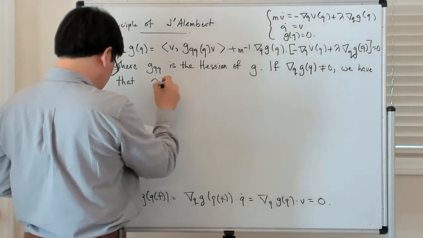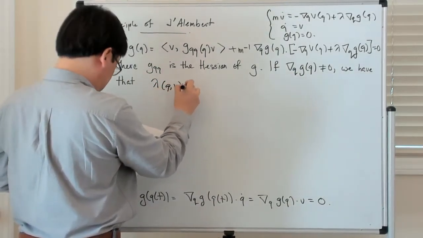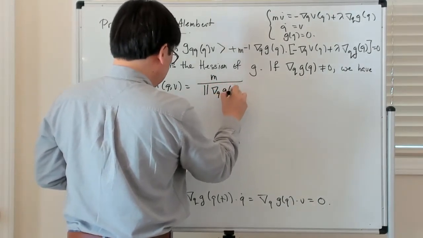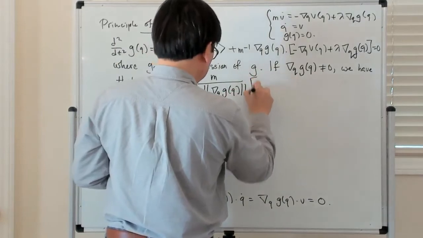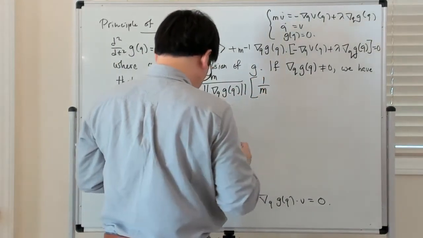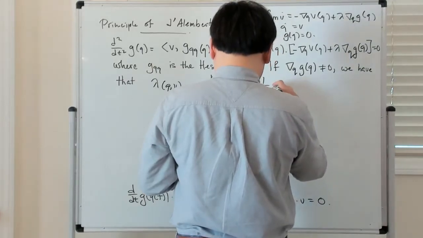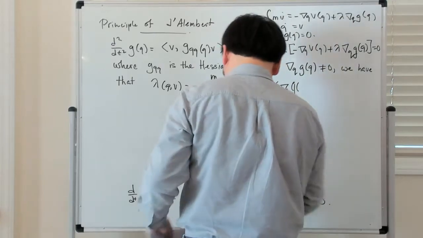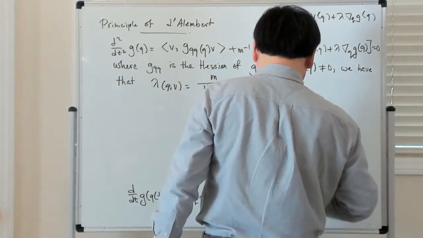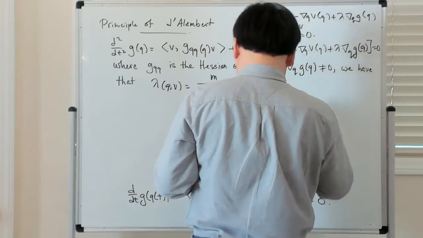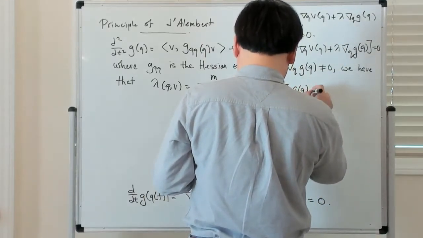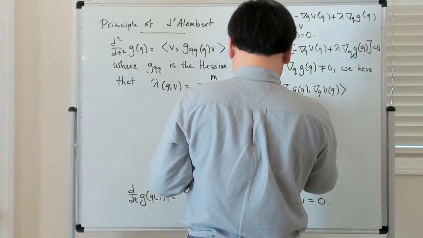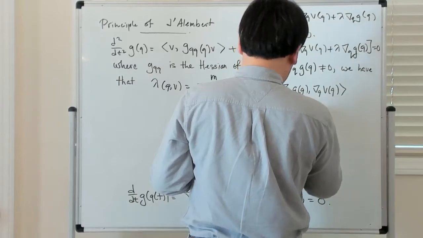If that happens, you can solve for the lambda to give M over the norm of the gradient of g multiplied into 1 over M minus this inner product with the Hessian.